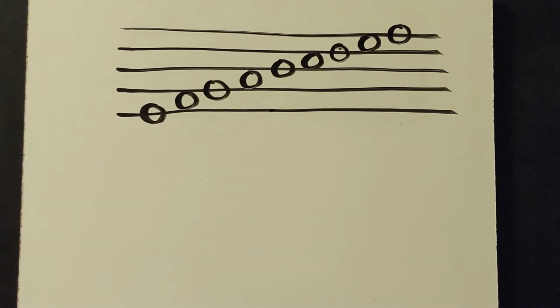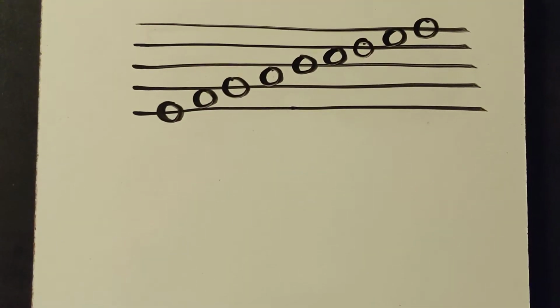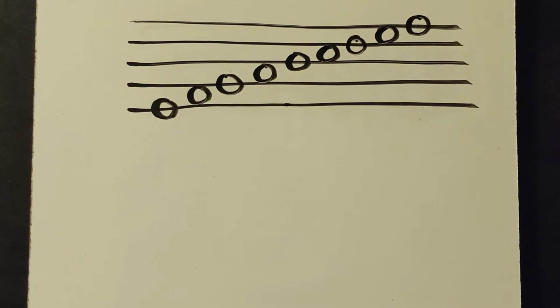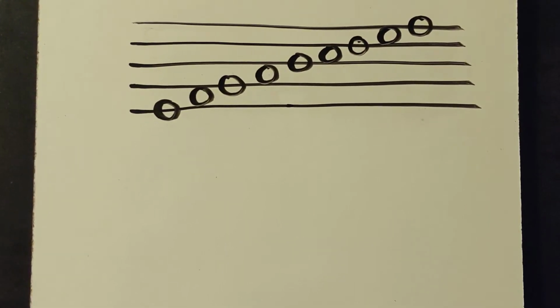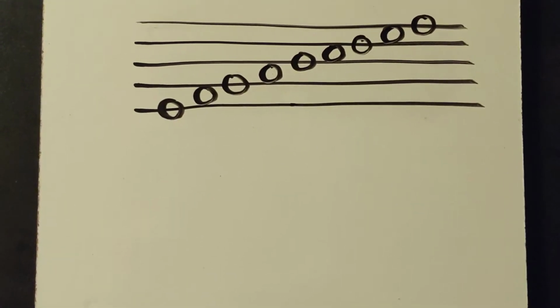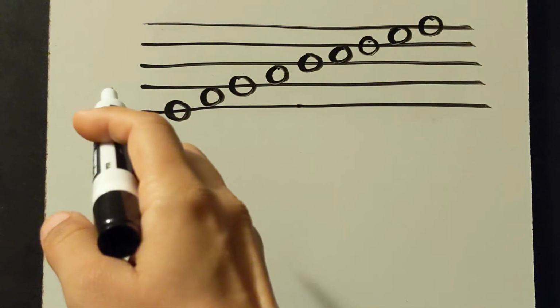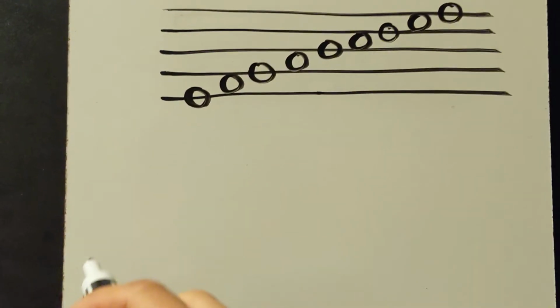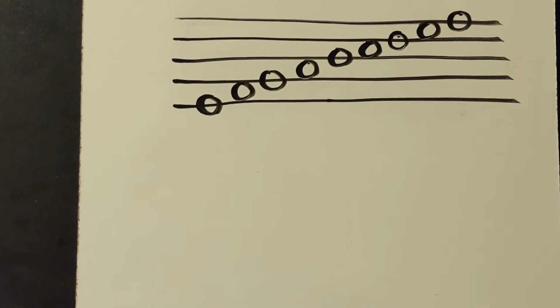Now, when you do this, the other thing you need to do is draw a clef at the beginning of the staff. So whatever your clef is, draw that just before the staff. I'm going to draw mine 3 different clefs right here just below, since I have to deal with all 3 clefs in this video.